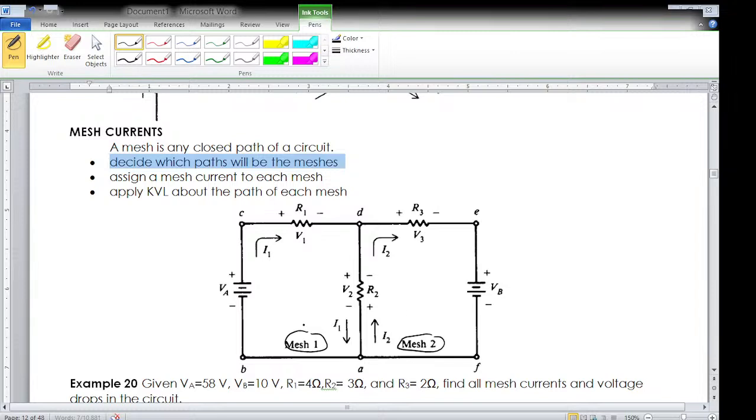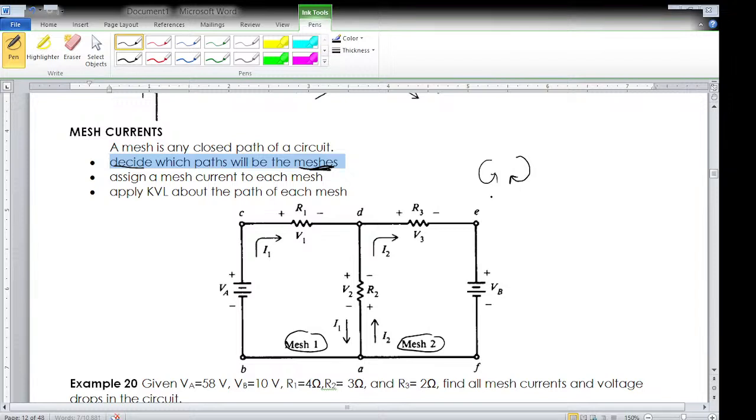Now, after you determine which paths will be your meshes, take note, you decide which ones. You will now assign a mesh current to each mesh. What is the direction of the mesh current? It could be, class, that you choose a clockwise or a counterclockwise direction.